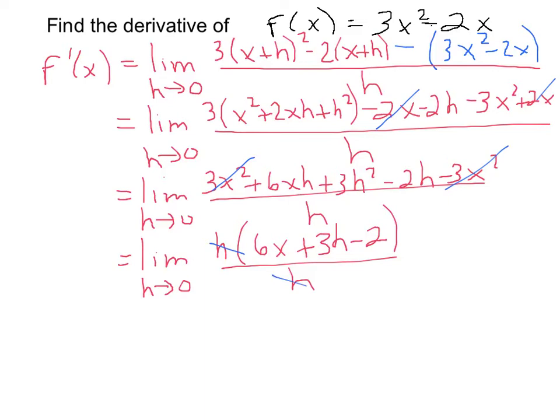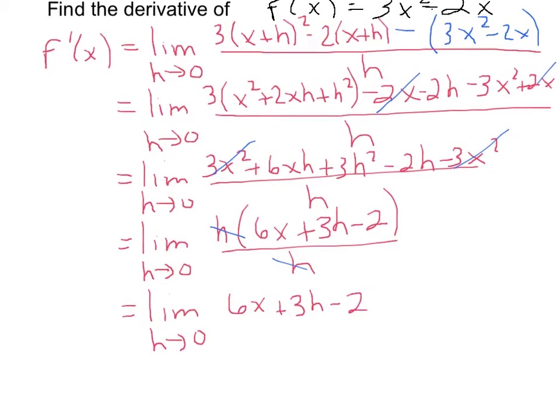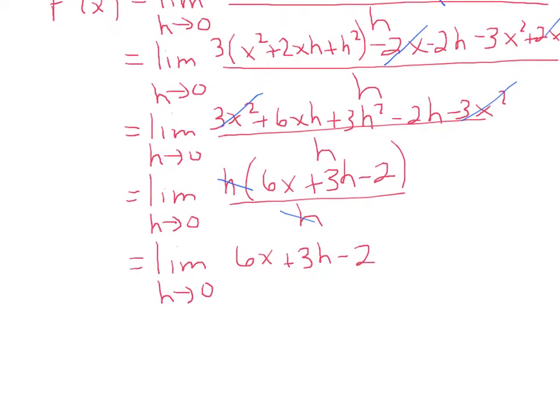Those h's will now divide out. I have the limit as h approaches 0 of 6x plus 3h minus 2. Okay. So if h is approaching 0, then what I'm left with is that the derivative of f of x as h goes to 0 is 6x minus 2.